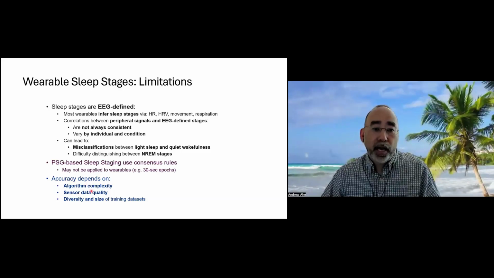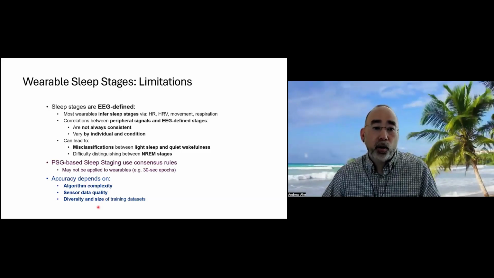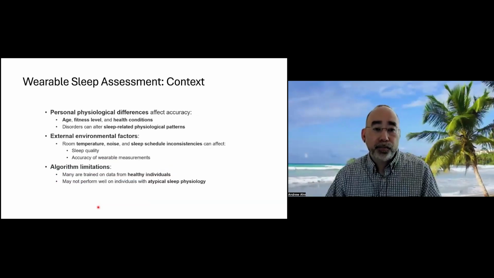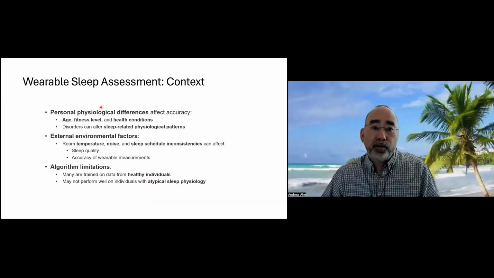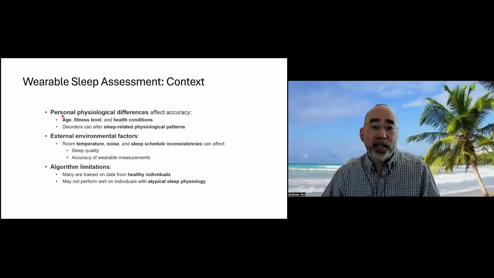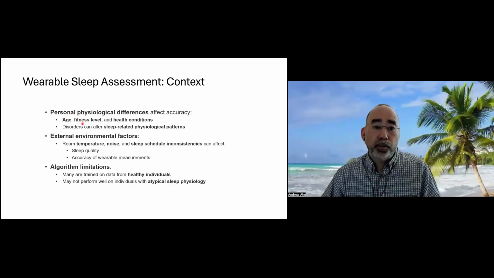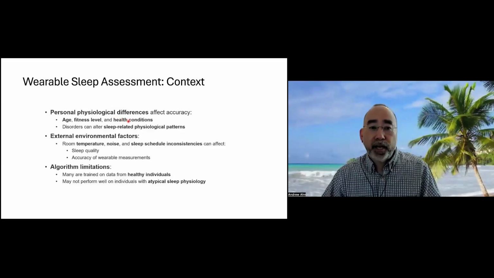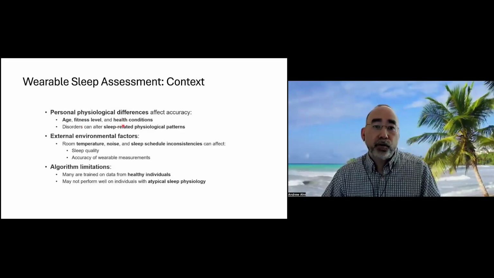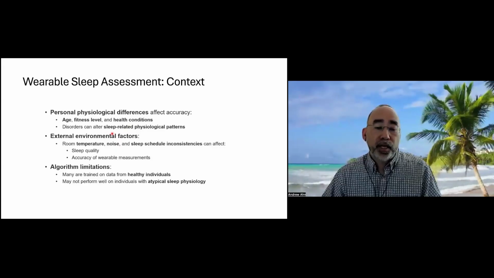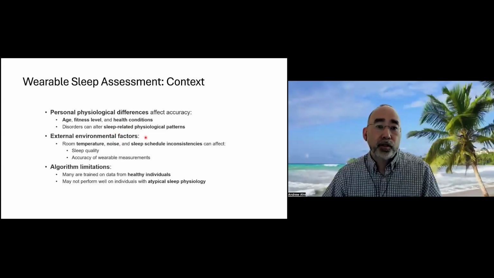Accuracy depends on the algorithm complexity, sensor data quality, diversity, and size. You always have to consider the sleep context from which you're getting this data using wearables. Obviously, a lot of personal physiological differences can affect accuracy: age, fitness level, health conditions, and disorders that can alter sleep-related physiological patterns.